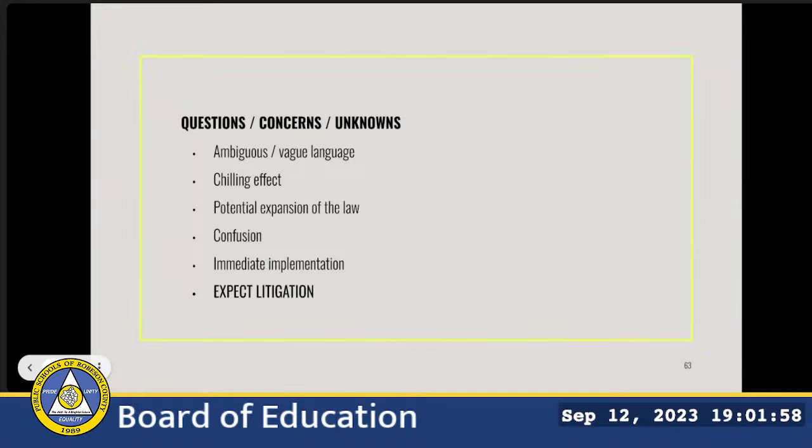So there are several states that have adopted parents' bills of rights, and there's litigation all over the board, particularly about the pronoun stuff. There's just a ton of litigation going on in other states and other jurisdictions right now, dealing with this and how it gets implemented and who has what rights.